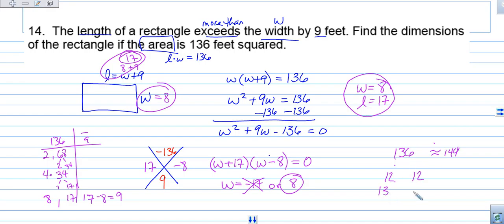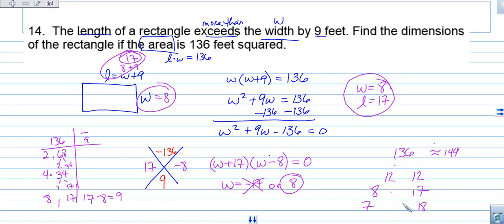So I could try 13 and 12, but they're only one number apart. But if you tried 8 and 17, or 7 and 18, those are close. They have a 7 and an 8, which would give you a 6 when you multiply them, like 56. And they could be close to 9 numbers apart.